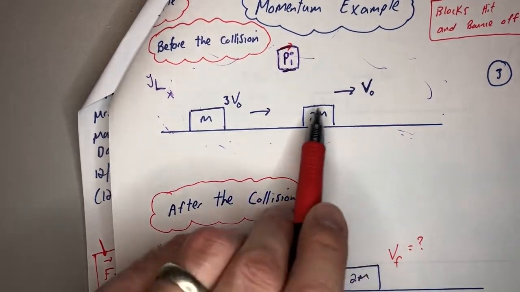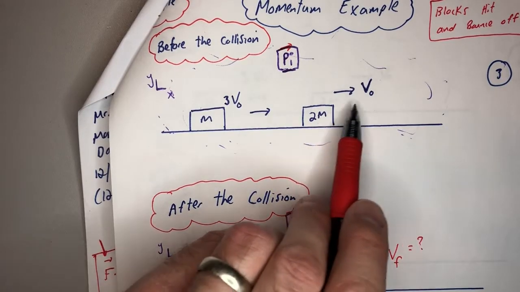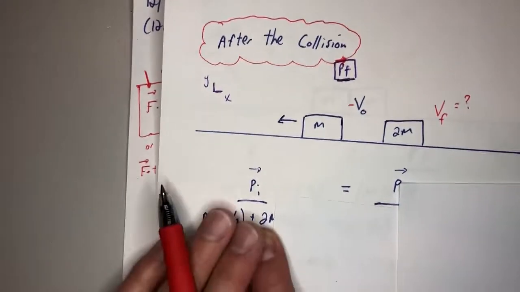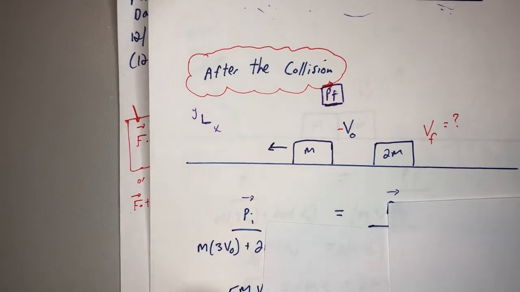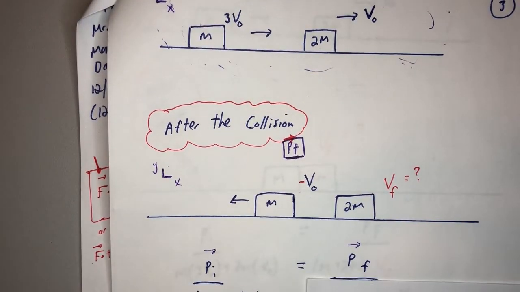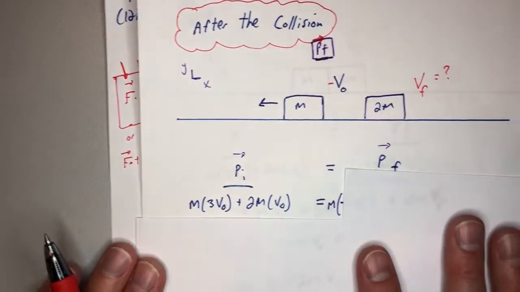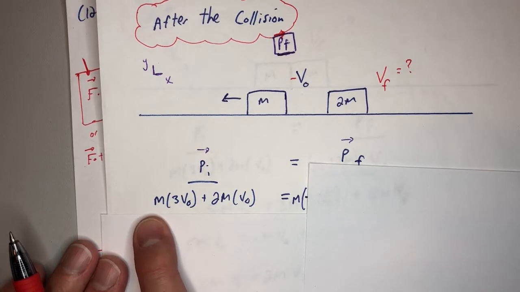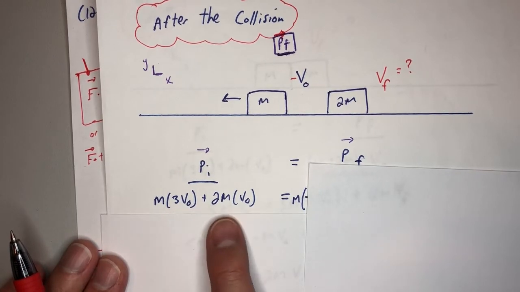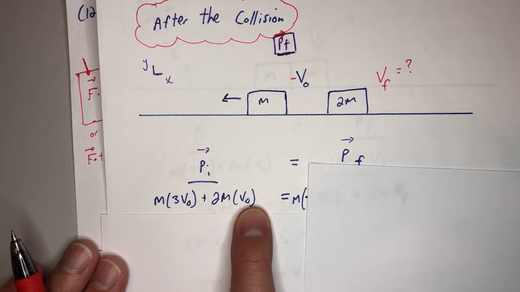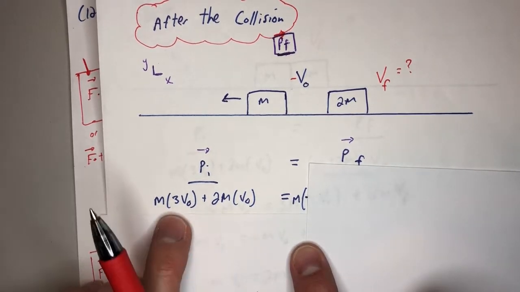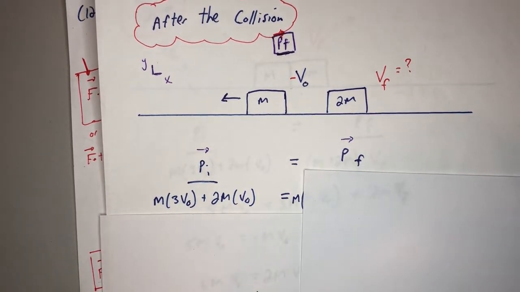This bumper car had a mass of 2m and a velocity of v naught. So the total initial momentum of the system is the sum of the two momentums. The first one had a mass m, velocity 3v naught. The second object had more mass and was moving slower, but that is the total momentum of the system to begin. And we know whatever the momentum at the end is, it better equal that.